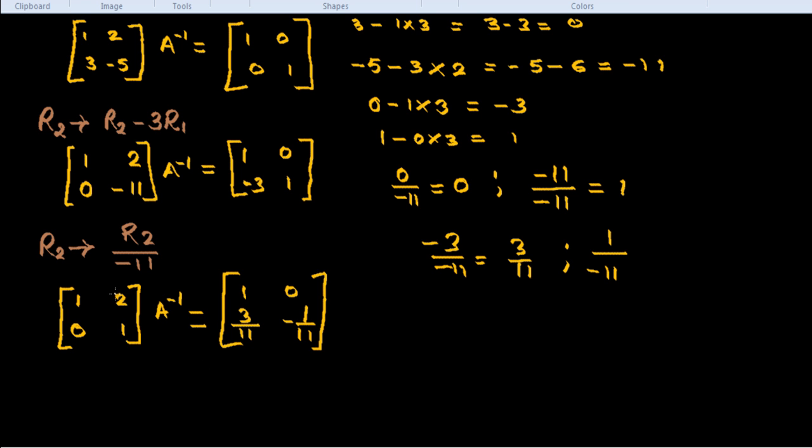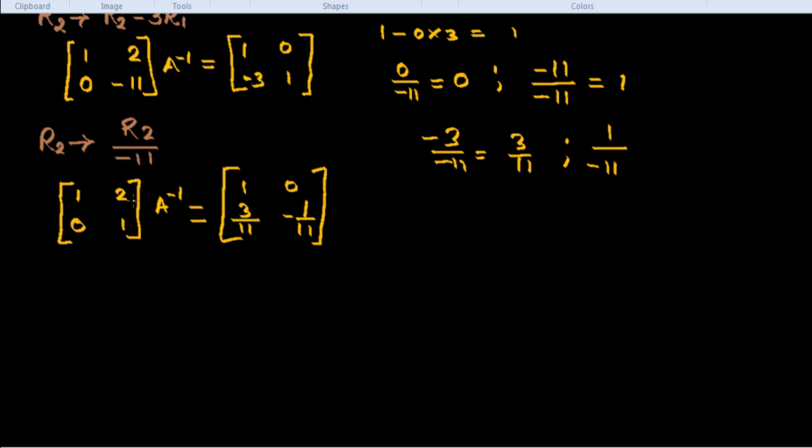Now we have to make this element 0, because in the identity matrix this element is 0. So for 0, we multiply by 2 the new R2 and subtract it from R1. So we write R1 tends to R1 minus 2R2. Here you see the operation.